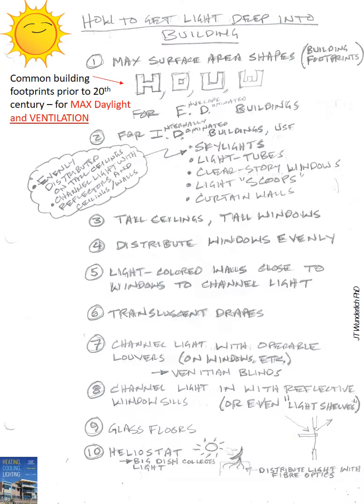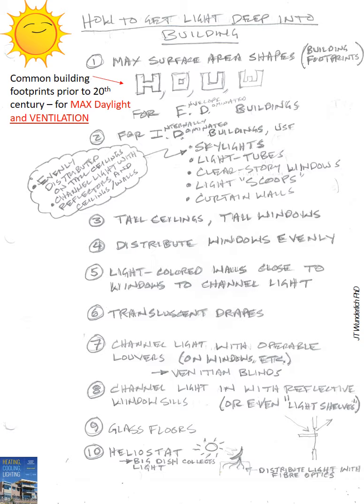Now, how to get the sun deep into the building, a nice list here from the text on heating, cooling, and lighting. And these shapes that we mentioned before that we may want to bring back now to let more daylight in and have operable windows for ventilation, especially during pandemics.